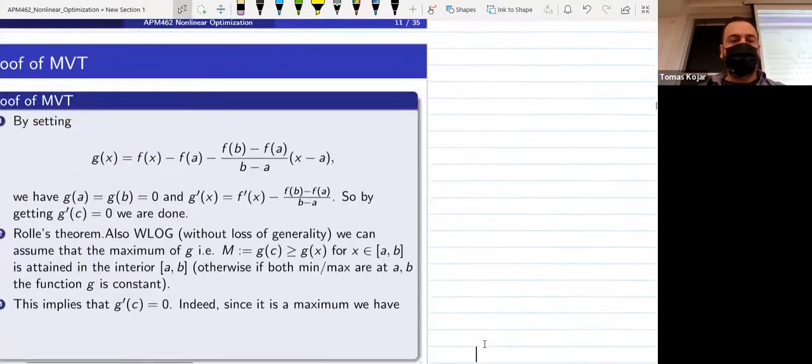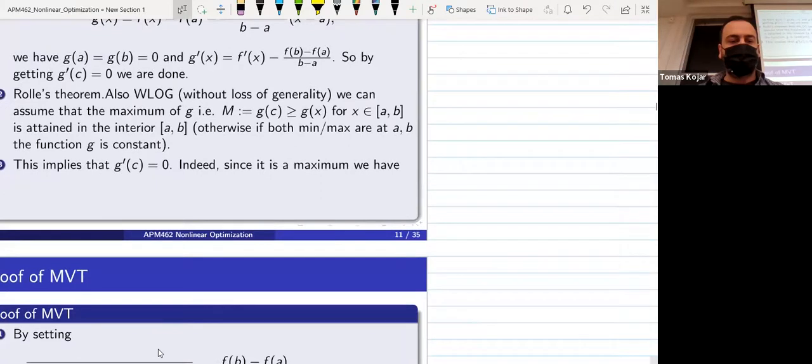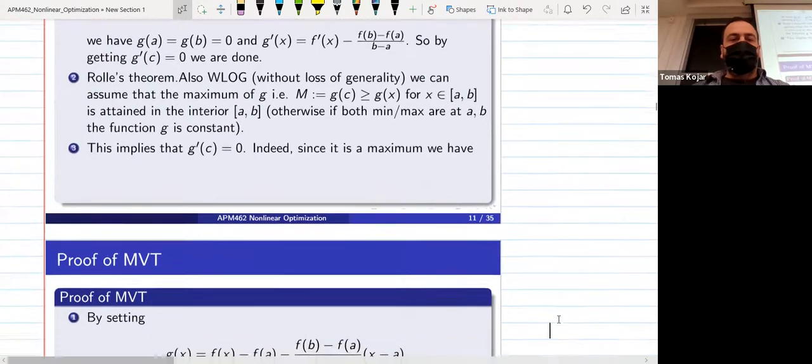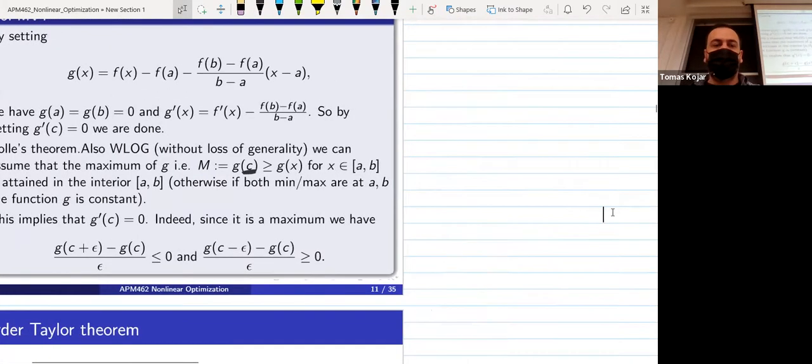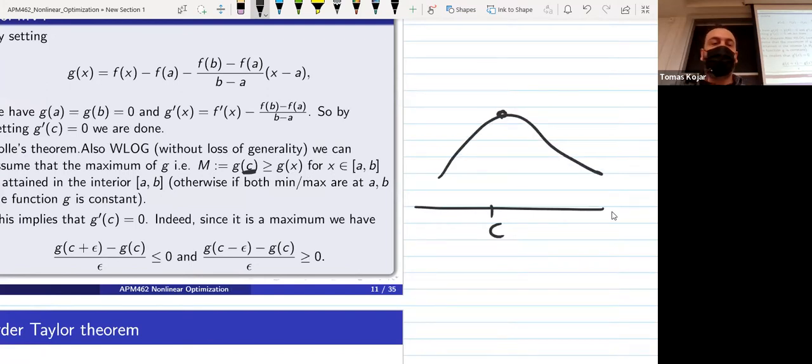So let's see why it implies the result. Since it is a maximum at this value c, you have the following picture. When you're coming from the right, this is g of c plus epsilon. This is less than the maximum, so this is negative.